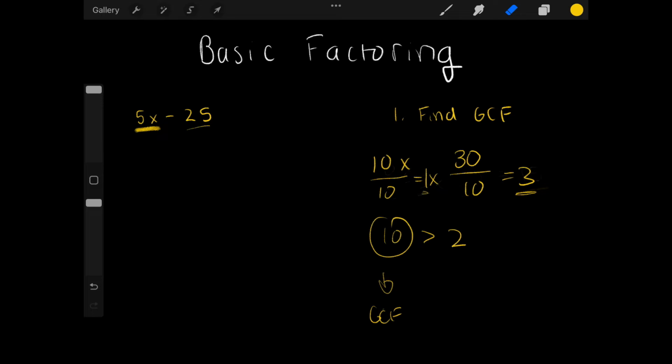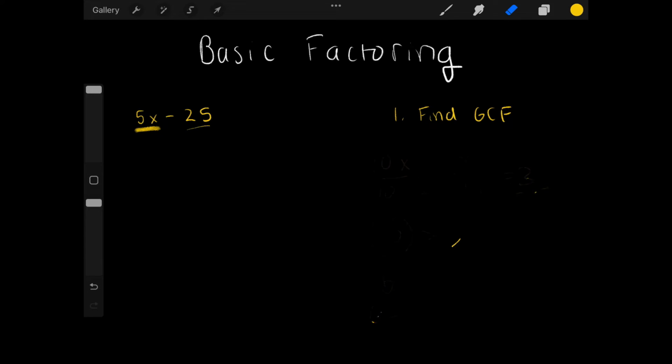Okay, so now that we know what a GCF is, let's work through how to find the GCF of numbers. So when we have 5x and 25, and whenever we're factoring, we want to look at the integer parts of all the terms. So in this case, we have 5 and 25. Now, one good rule to remember is that your GCF cannot be greater than your smallest term.